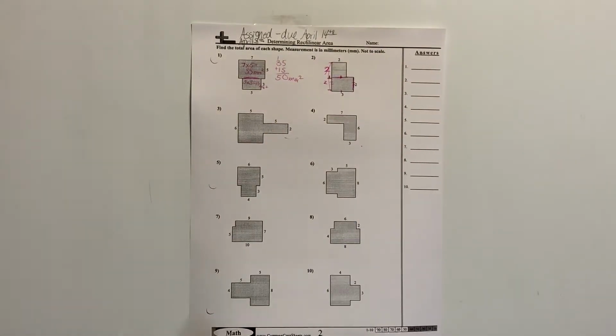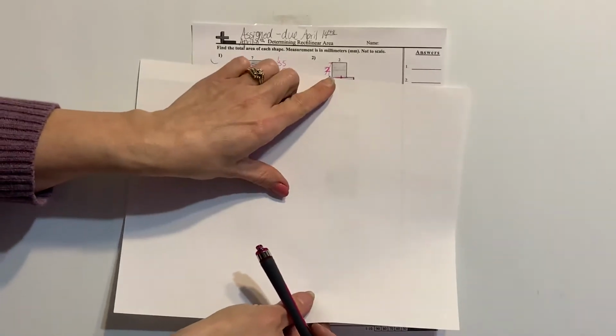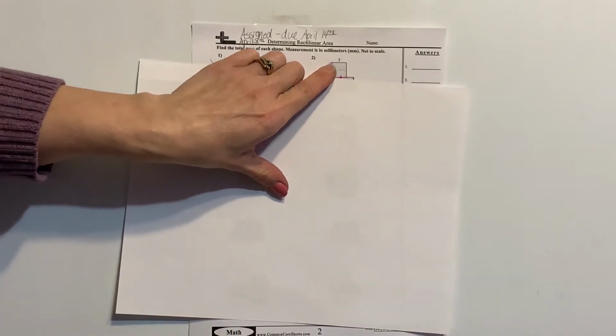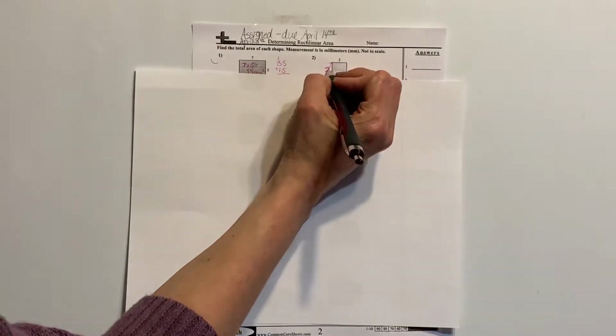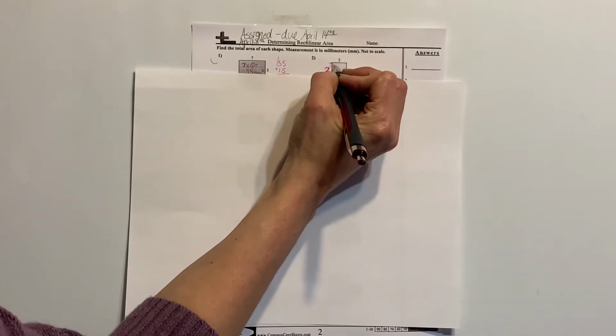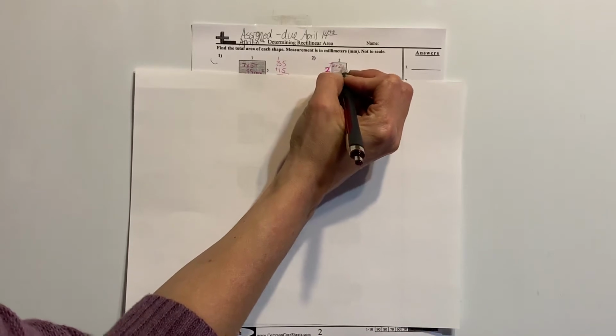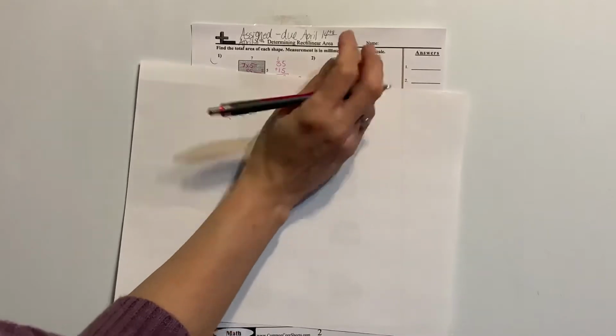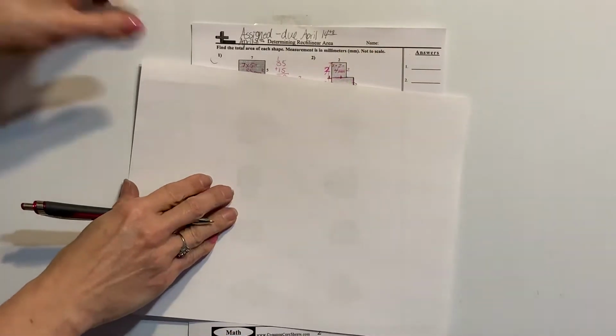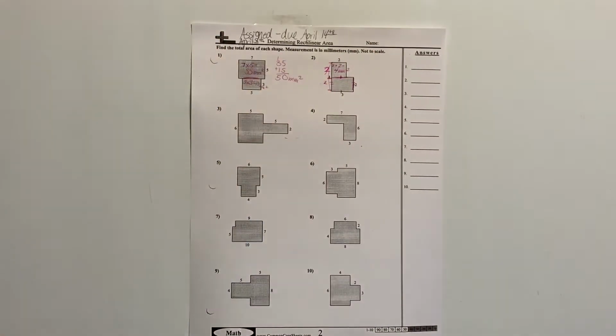So when I'm figuring the top part, I'm not going to figure the 4 because this small piece is not 4. I'm going to take the 2 times the 2, so I've got 2 times 2, which will equal 4 millimeters squared. Okay, so I took that whole and I had to break it up.